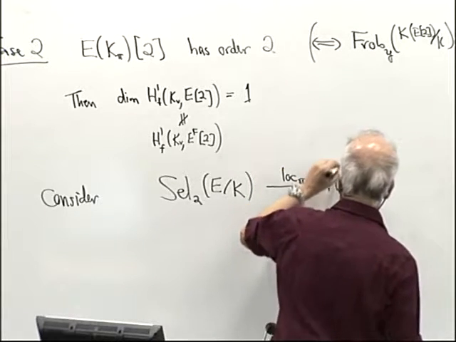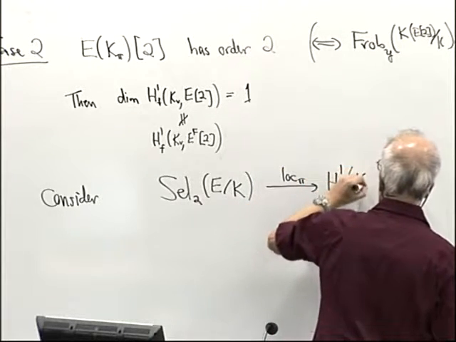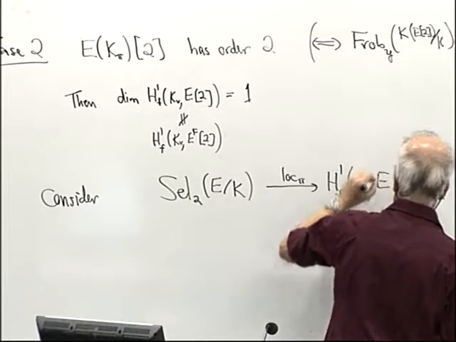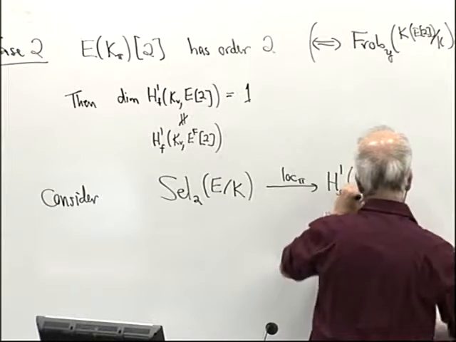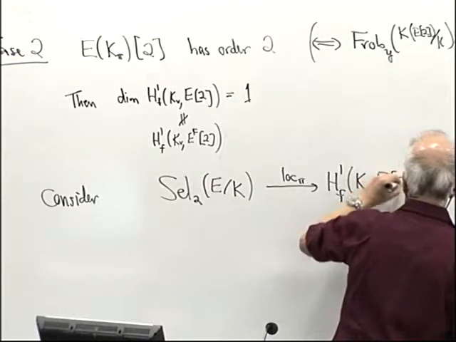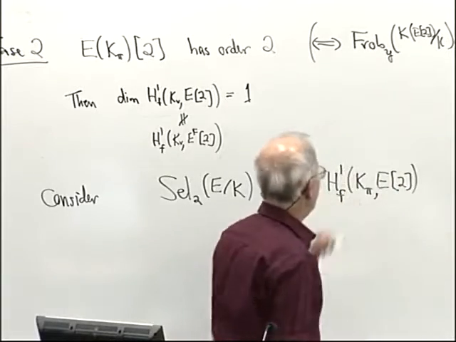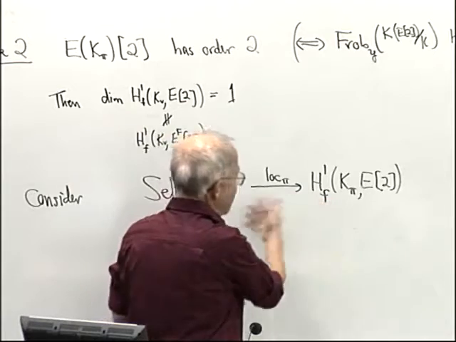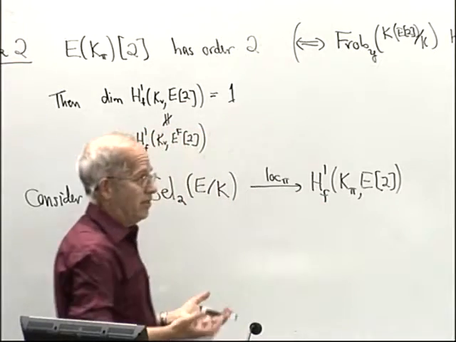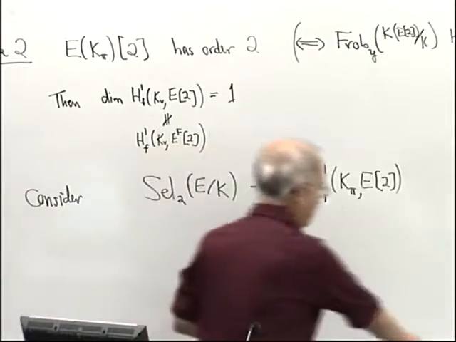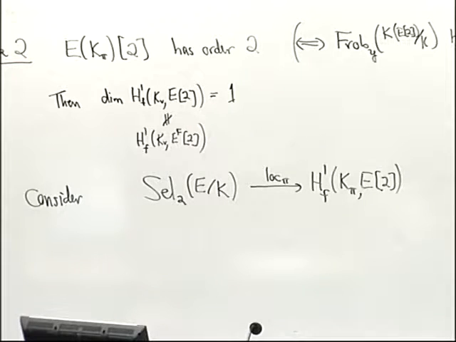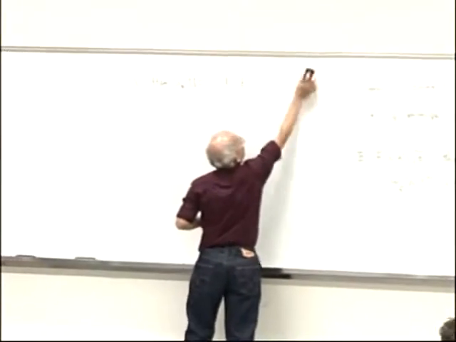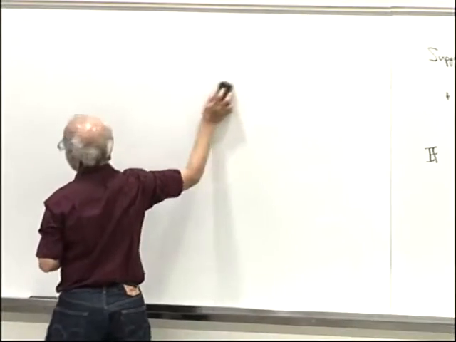That'll put us in H^1_F(K_pi, E[2]). This is one-dimensional. And so there are 2 possibilities for the image. It's either 0-dimensional or 1-dimensional. And those 2 possibilities for the image are going to tell us what happens to the Selmer group.